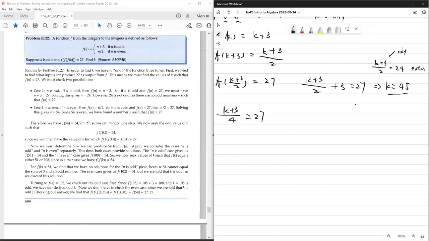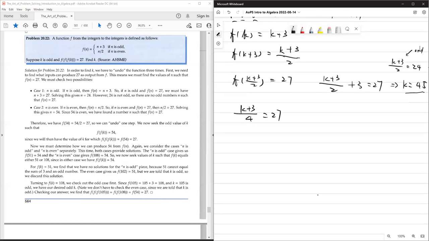So even though the k we solved for, 45, fits the original condition, in the interim term we violate it, because 24 is not odd. So this is not a valid solution. Now we only have the other case: (k + 3)/4 equals 27, so k + 3 equals 108, and k equals 105.